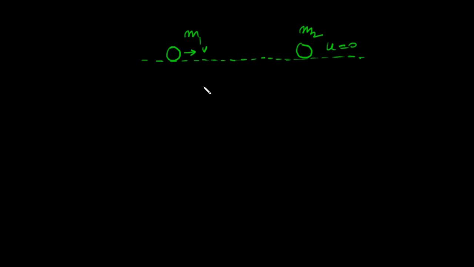Let us take a very simple problem. In this problem, mass m1 is coming towards m2. m2 is at rest, and m1 is coming towards m2 with a velocity v. First we calculate the initial relative velocity before collision. Before collision, the initial relative velocity will be v if I calculate v of m1 minus v of m2, and speed would be the modulus of this.